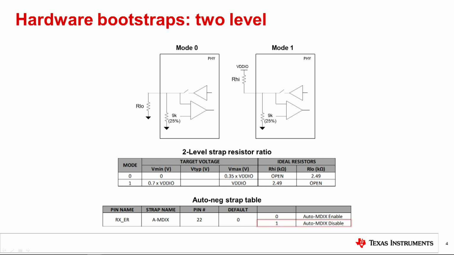To disable AutoMDIX, this pin needs to be strapped using the resistor configuration defined for mode 1. The target voltage columns describe the voltage level required on the strap pin to set the device in each mode, using VDDIO as a reference. VDDIO is used as the supply voltage for the comparators within the PHY, so we compare our target voltages to this value to account for any variation in supply voltage.